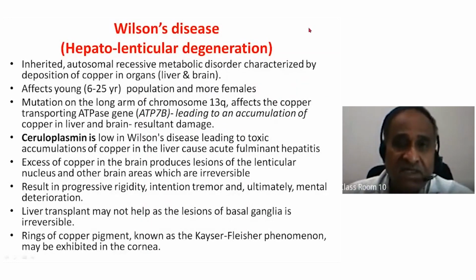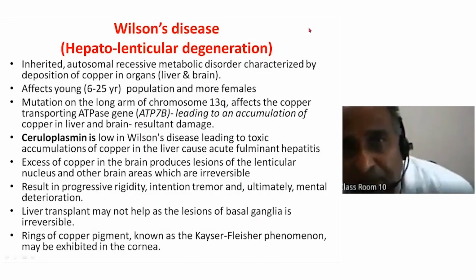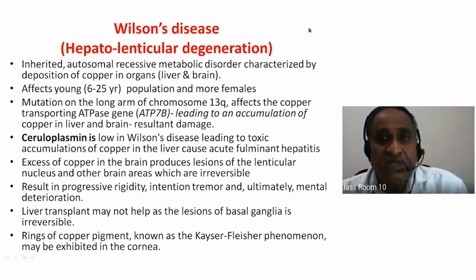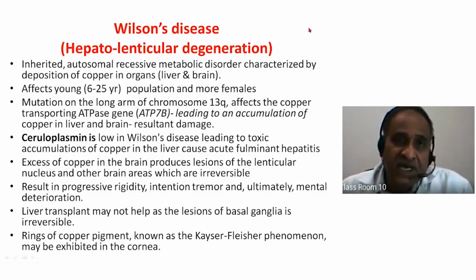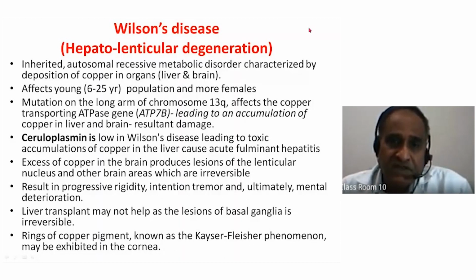This is important. This particular part is important. This is Wilson's disease. This is also known as hepatolenticular degeneration. This is an inherited autosomal recessive metabolic disorder characterized by deposition of copper in liver and brain.